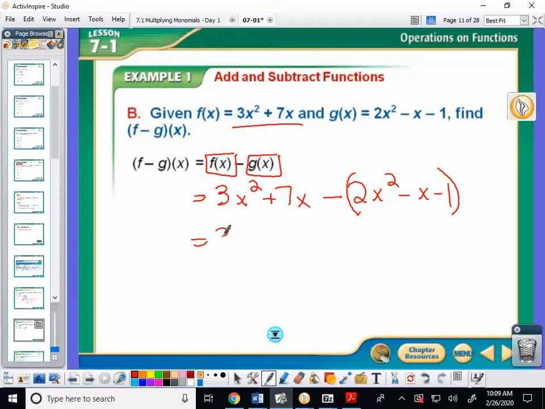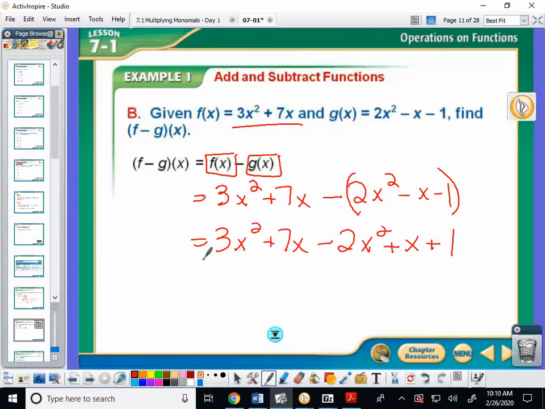We'll bring down the 3x squared plus 7x, and then I'll distribute my negative 1. Negative 1 times 2x squared, and negative 1 times negative x, negative 1 times negative 1. Make sure if you're subtracting that second polynomial, that second function, that you do distribute your negative 1. Now let's add our like terms.